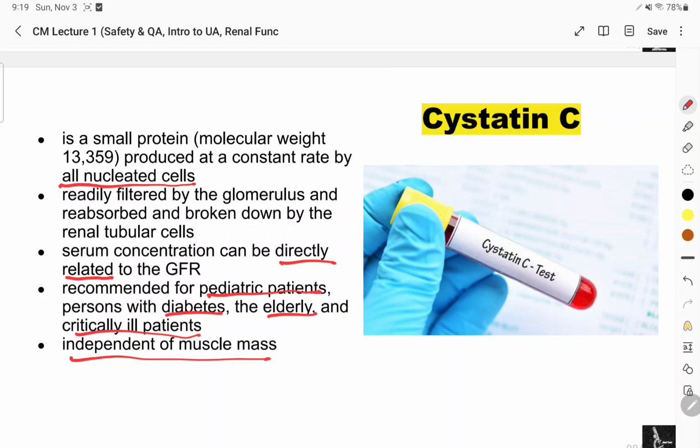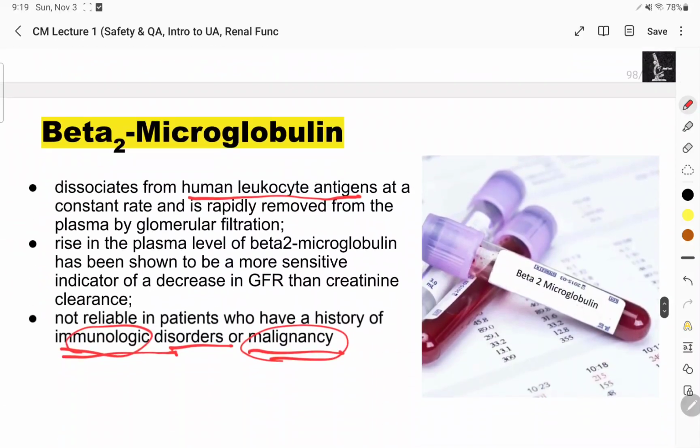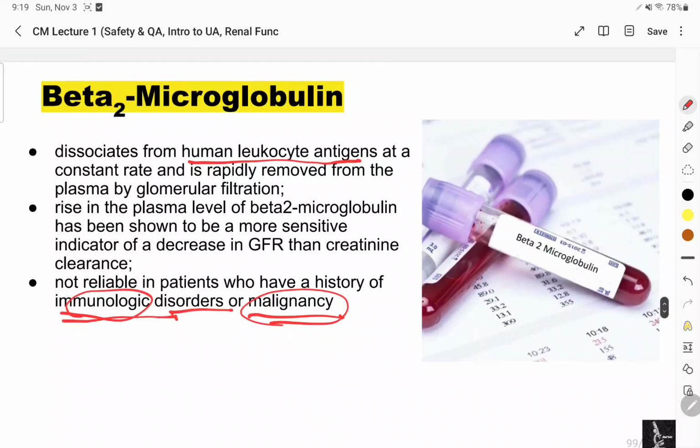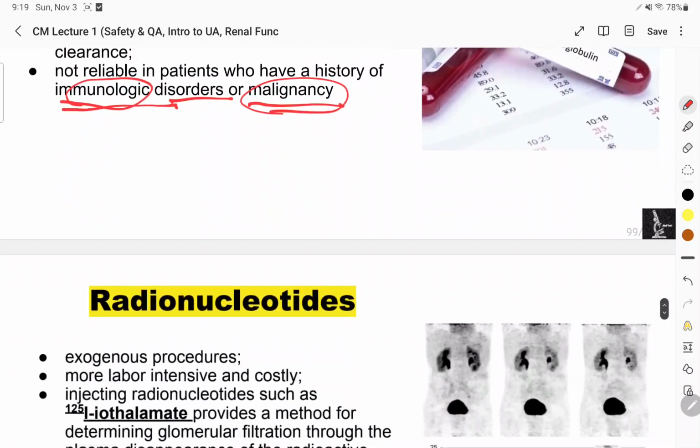But if we combine it with creatinine clearance, we get more accurate information regarding the patient's GFR. Okay? And beta-2 microglobulin is bad if the patient has immunologic disorders or malignancy.